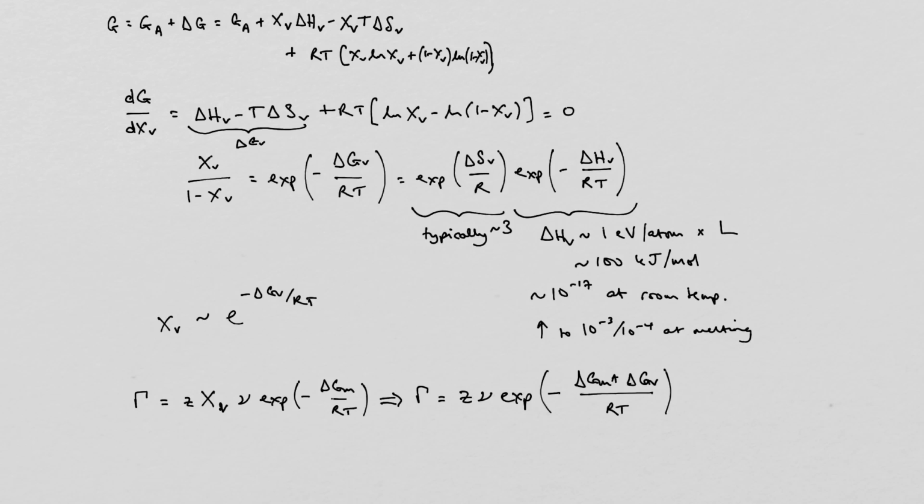Okay? So it's still of the same form that we saw for interstitial diffusion. Some sort of prefactor, and then this Arrhenius, this Boltzmann type exponential dependence. But now, the activation energy, Q, includes the free energy of formation of the vacancy, as well as the migration energy.